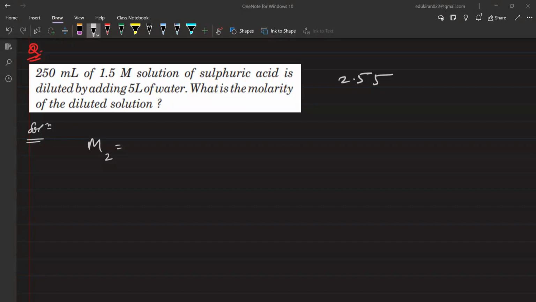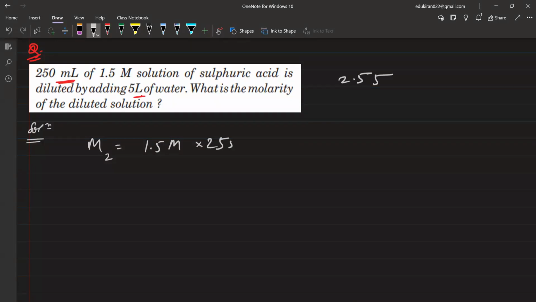See, M2 will be equal to how much? M1V1. What is M1? 1.5 into V1 is 250 ml. Okay. See here that the units should be the same. Here it is ml, and here we have liters, right? Either take both in ml or both in liters. So you can write this in ml only.